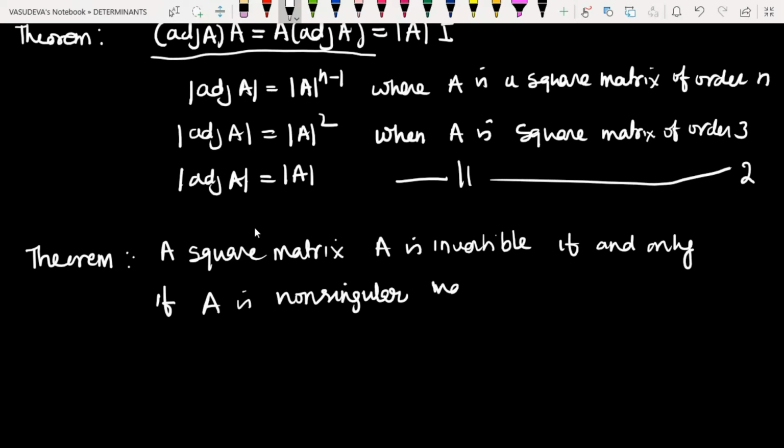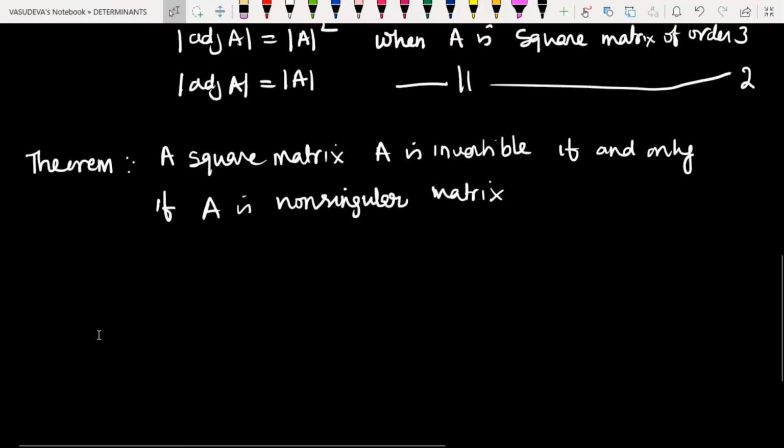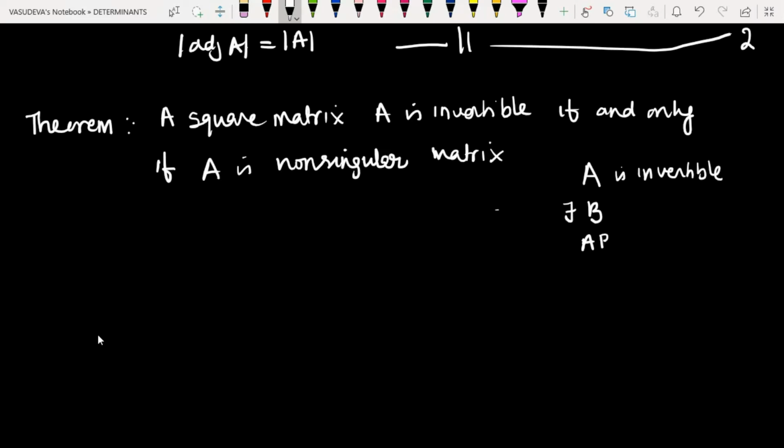In the previous chapter on matrices, we know that a matrix A is said to be invertible if A is a square matrix and there exists a square matrix B of the same order such that AB is equal to BA is equal to I, where I is the identity matrix of the same order.